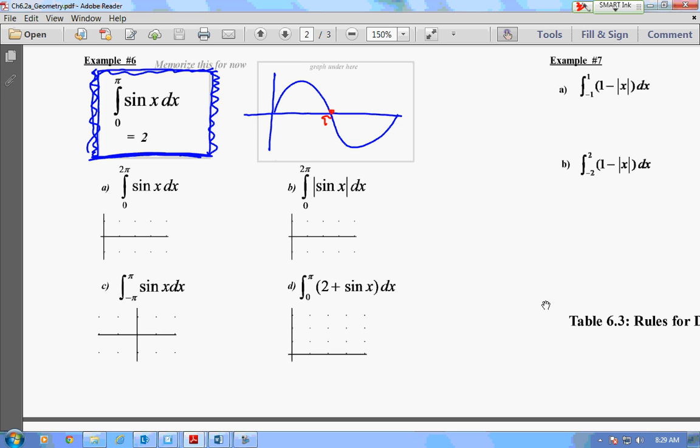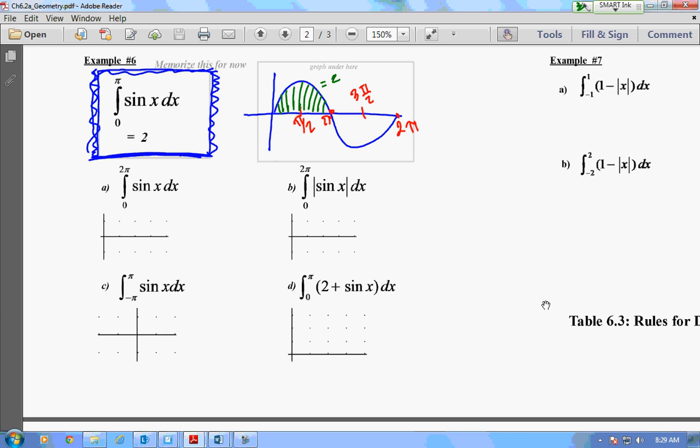Pi, 2 pi, and then our maxes and mins are 3 pi halves and pi halves. Okay, so on part A, if we're integrating from 0 to pi, this is the one you're memorizing, that half of that equals 2.